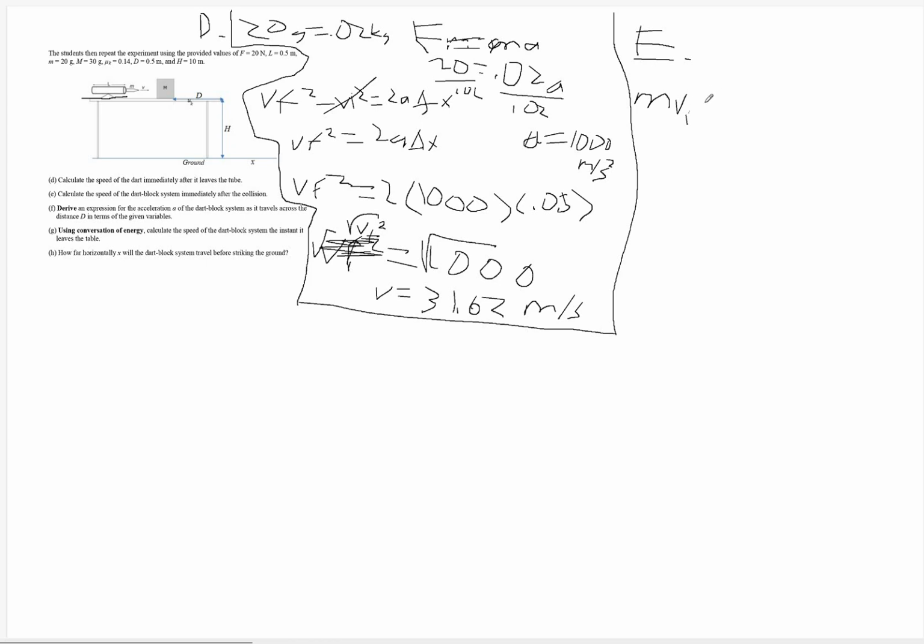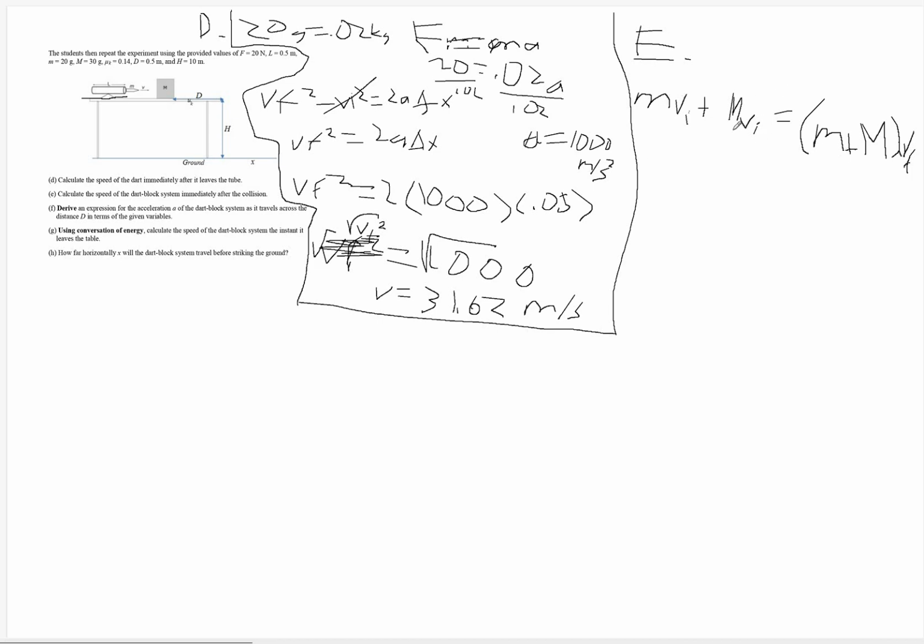So mass of the dart, velocity of the dart initial, plus mass of the block, capital M, times velocity of the block initial. And since it sticks together, then we know it's inelastic, and for inelastic, we combine the masses. So m plus capital M is equal, and they share the same velocity at the end. So Vf final.